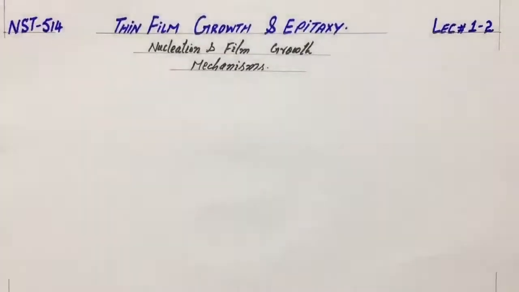So nucleation and film growth mechanisms actually have four parts: the condensation of the film, coalescence of the film, nucleation of the film, and then accordingly the growth of the film.